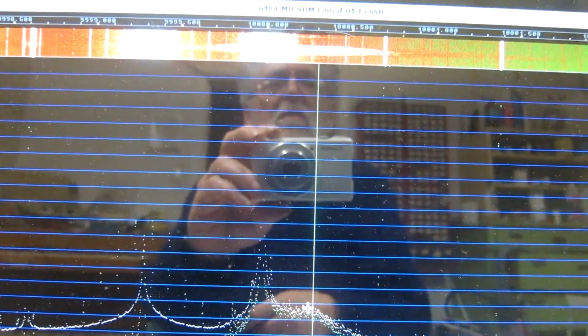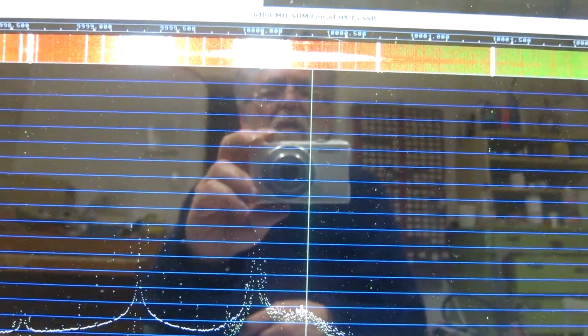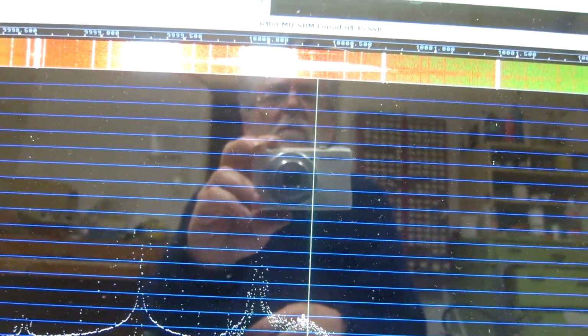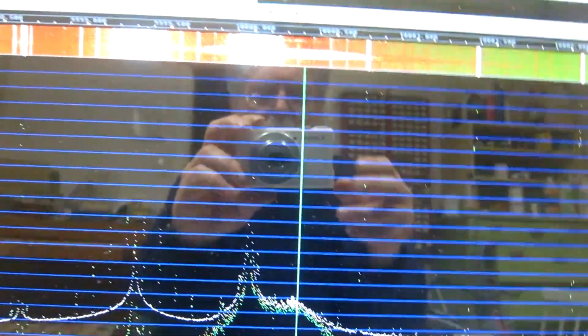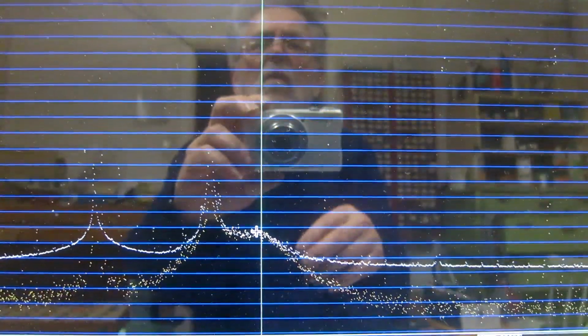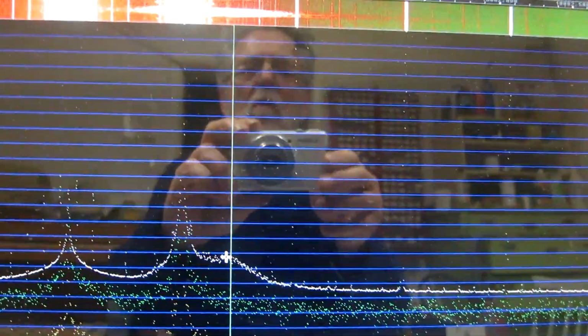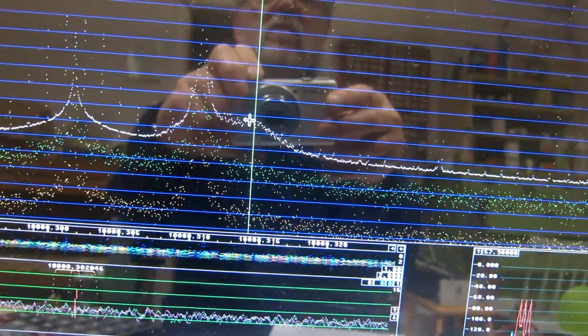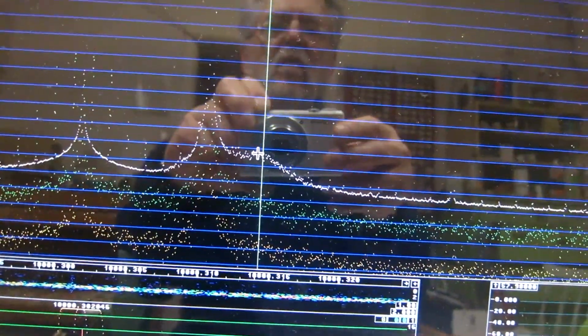Now, these crystals were not selected for not having these problems, so that's one thing. But if I clear the correlation and wait for a time when there is no noise burst, I will try to find out what the normal noise level is.